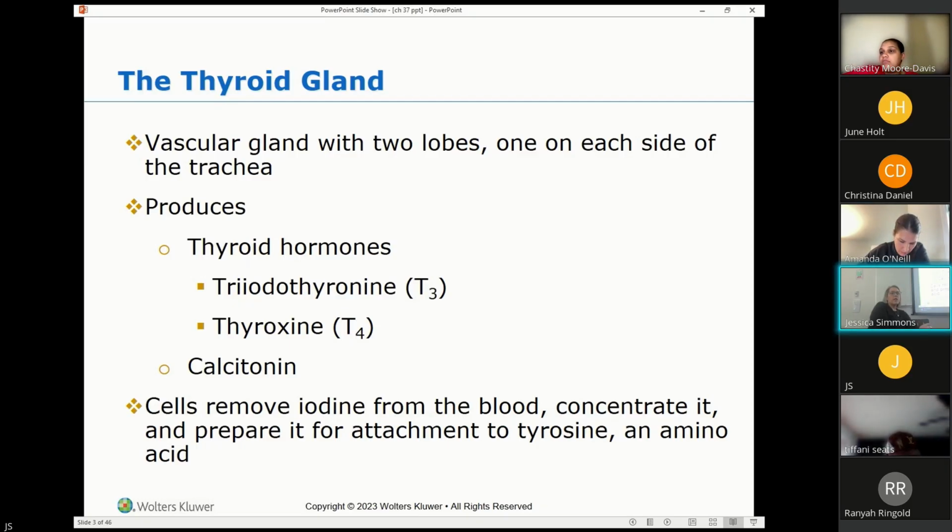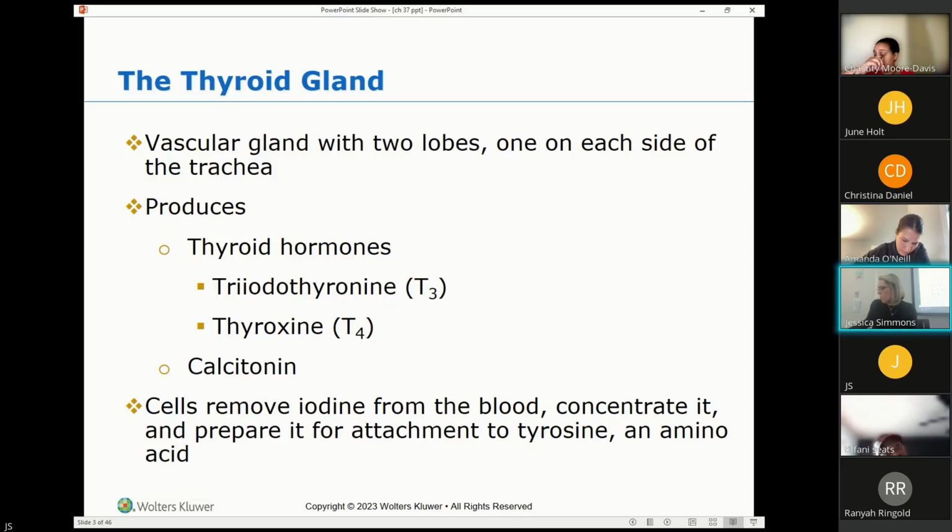You will see possibly children or older adults that have non-functioning thyroids because they don't have enough iodine in their diets. This is why we have iodized salt. Table salt is iodized because, if you really want to break it down, our government ensures that we get enough iodine in our diets so that it is added to our food.